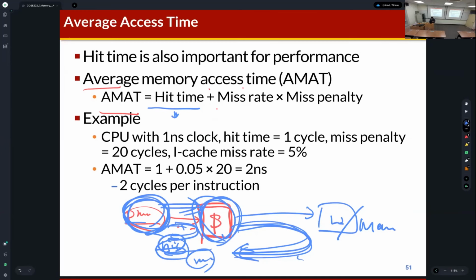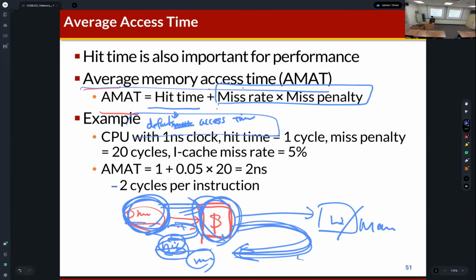This is the default access time for the cache, and for the miss case, the additional cycles are added on top of this default access time. So this is the average memory access time.